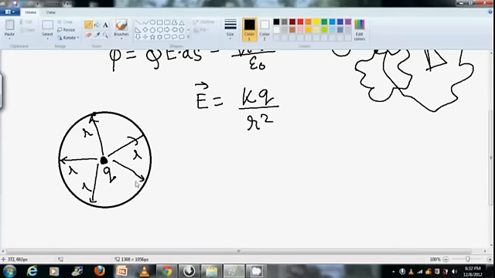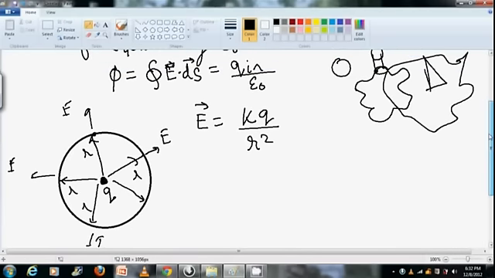This is a very symmetrical problem: all the points which are at a distance r form a sphere, and all will have the same electric field, because the electric field for a given charge only depends on the distance, all other things being constant. So from symmetry I know that here also E is the same, and here also E is the same. Let us make use of this powerful symmetry.